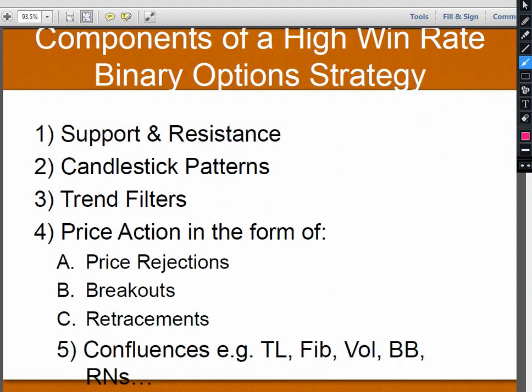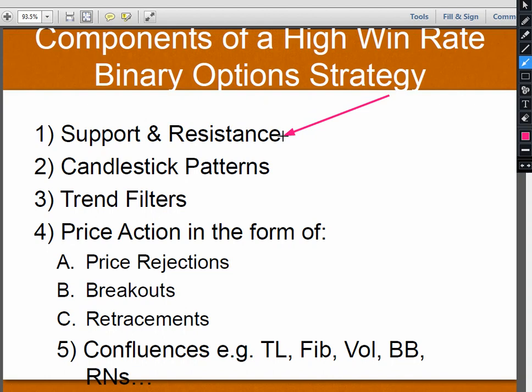Now let's look at components of high win rate binary option strategies for 2020, guys. If you need to succeed trading binary options in 2020, then my recommendation is carefully look at this. A good and successful strategy, especially if you're a price action trader, or at least you combine price action with whatever indicators you have.